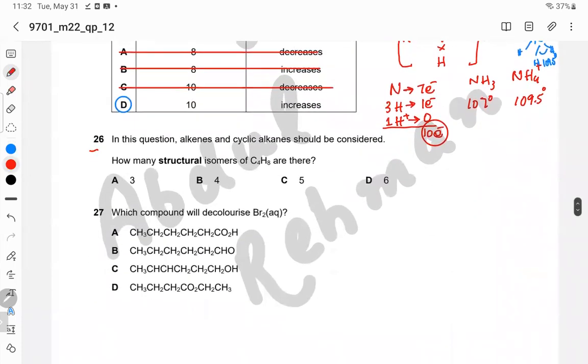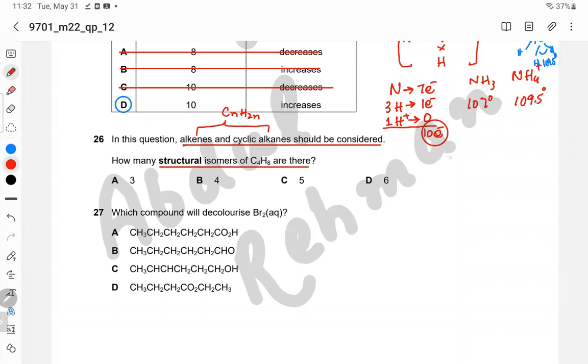Okay, now question number 26. See, from question number 26 till question number 40, the last 15 questions are from organic only. Alkenes and cyclic alkanes should be considered. And if you recall, both are functional group isomers. Why? Because both have the same general formula, that is CnH2n. How many structural isomers of C4H8 are there?